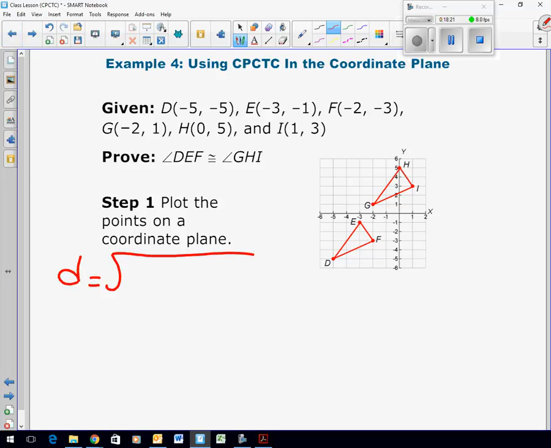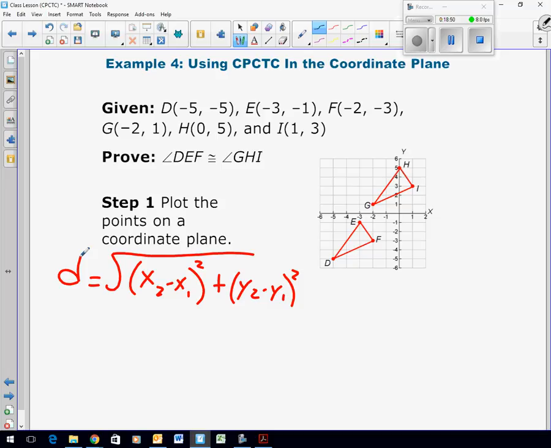Label one of them point 1, one of them point 2, because whenever I put my coordinates into the distance formula, I'm going to be finding out how far it is from each point.